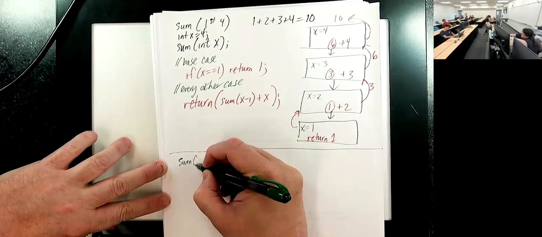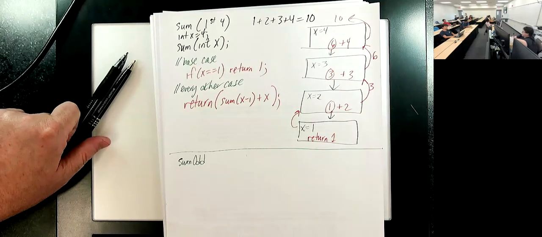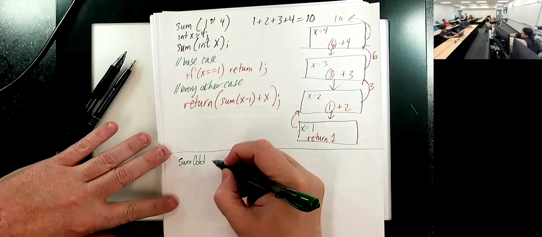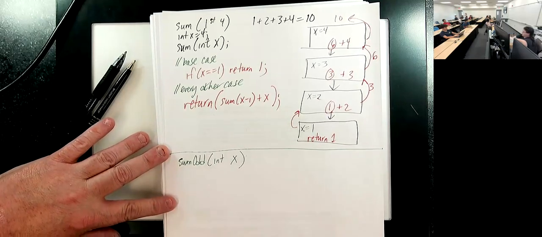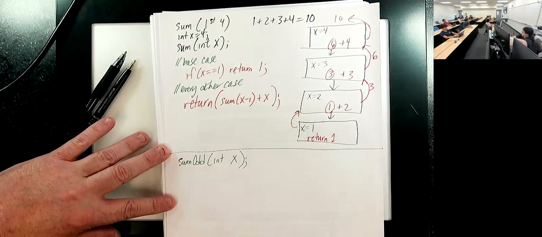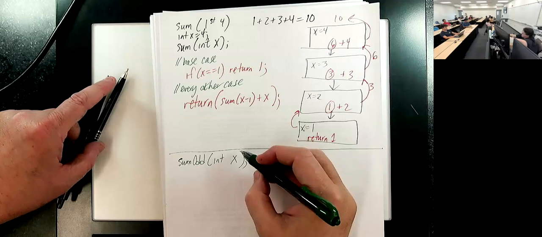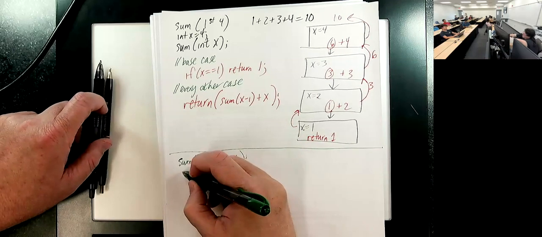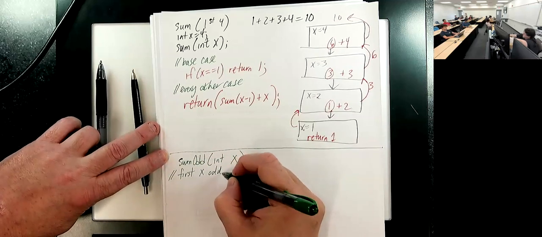Say sum odd, and I'm going to pass in an integer x. Let's say this represents the first x odd numbers.